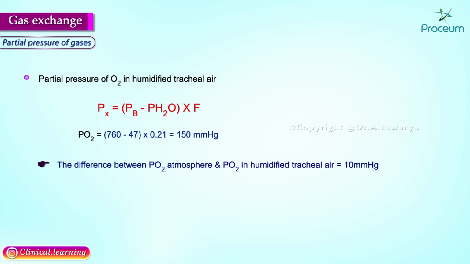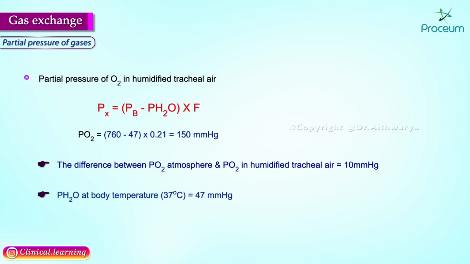So the difference between the partial pressure of oxygen in the atmosphere and in the humidified tracheal air is 10 millimeters of mercury. That's mainly because of the water vapor pressure.